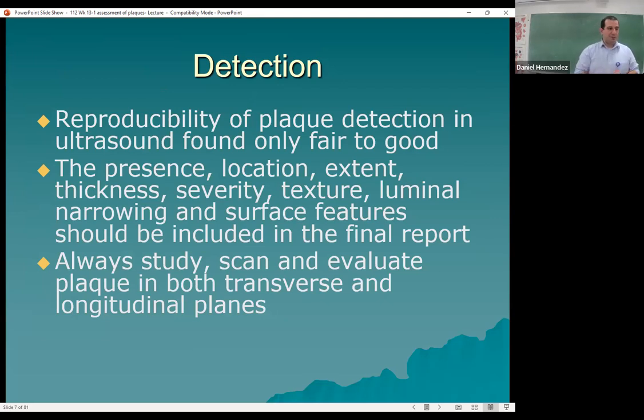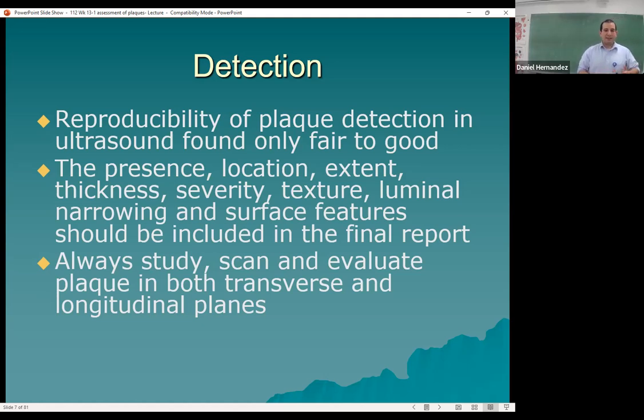We want to be very specific with the location of that plaque, because once we document that this patient has plaque formation in their carotids, they're probably going to be coming back for follow-up ultrasounds. So we want to make sure we're imaging and measuring in the same locations. We want to determine the extent, the thickness or severity.